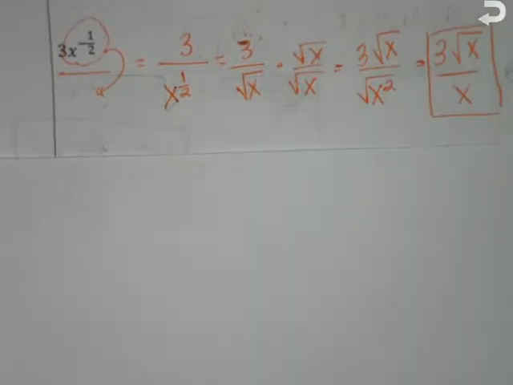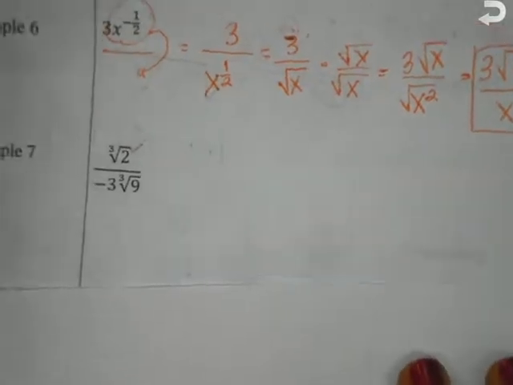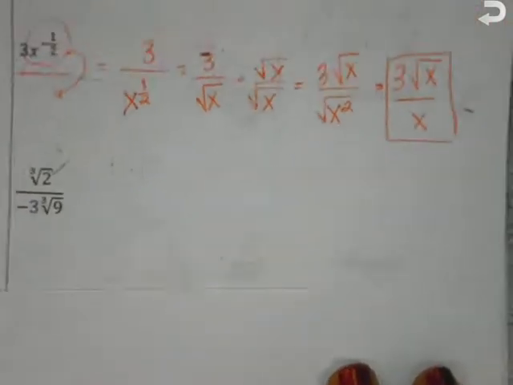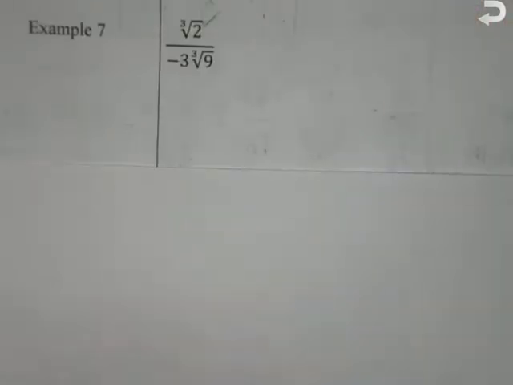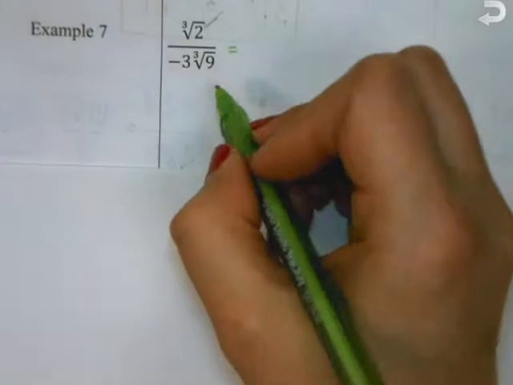All right, example 7. Cube root of 2 all over negative 3, cube root of 9. Okay, first of all, let's rewrite 9 so that we have it in terms of exponents. How can I rewrite 9 in terms of exponents? 3 squared.